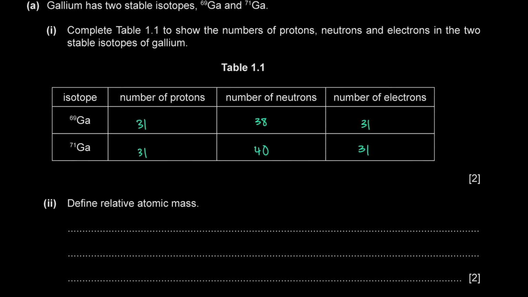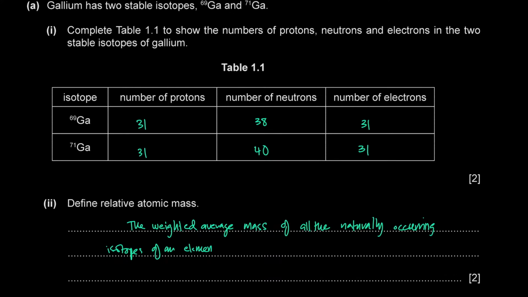Define relative atomic mass. The relative atomic mass is the weighted average mass of all the naturally occurring isotopes of an element, relative to 1/12 the mass of an atom of carbon-12.